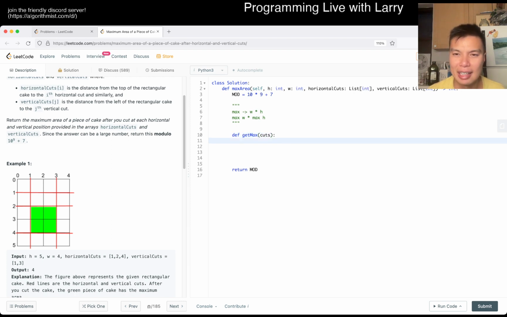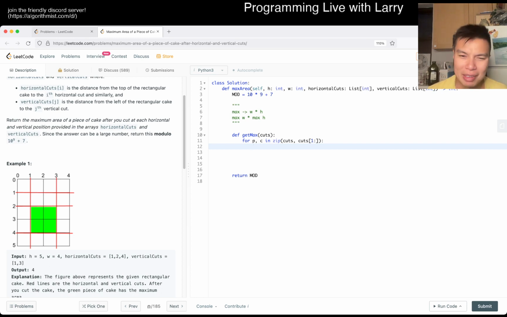Here I like to write it this way, technically it's not as efficient, but I just like writing something like previous, current in zip of cuts and cuts from one. So basically I just look at two adjacent elements. You can also probably use something from itertools, but yeah.